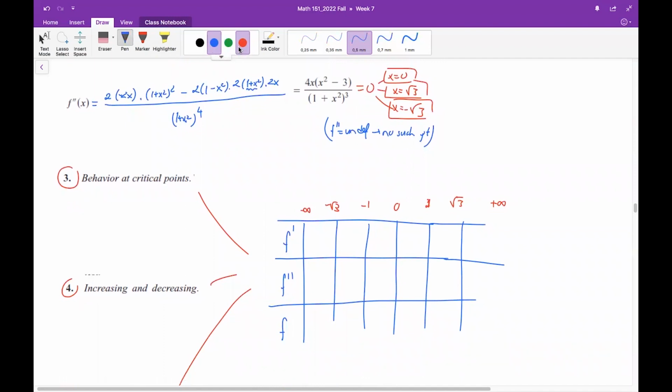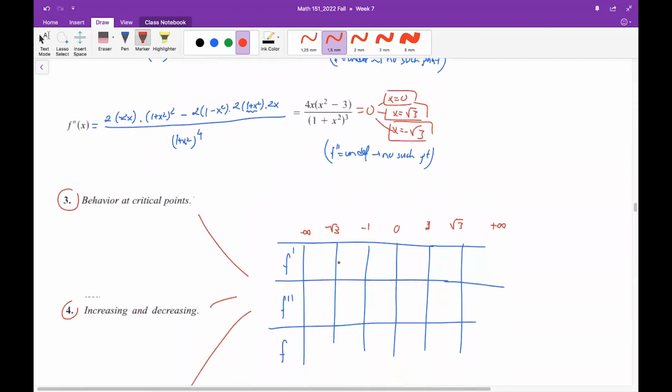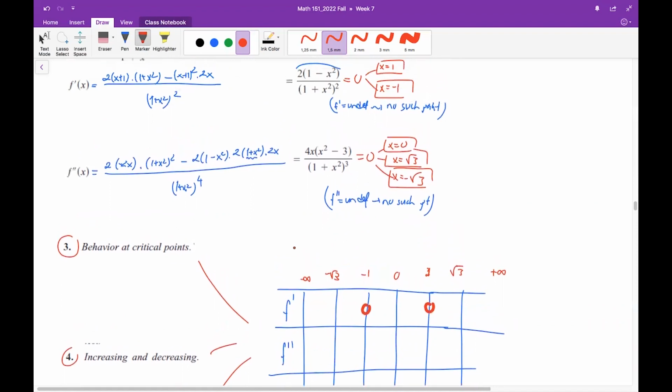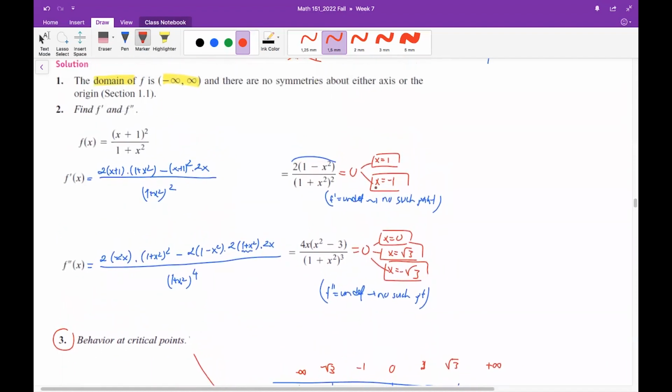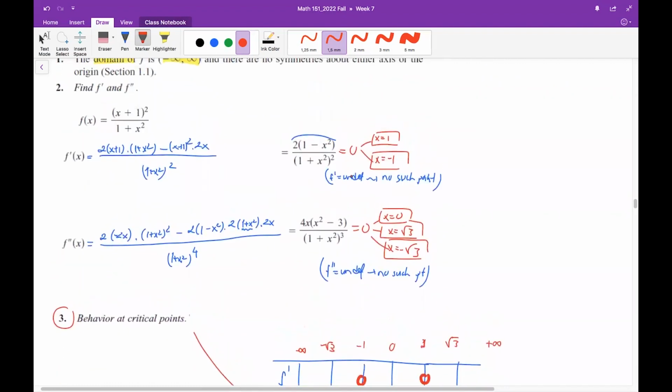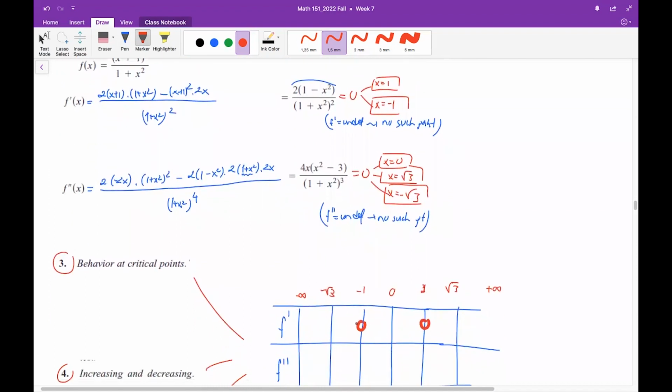Okay, so what happens to the first derivative function at 1 and minus 1? First derivative is 0 here, 0 here. Now we will try to detect the sign of the first derivative function from minus infinity to minus 1. You know, minus 1 is one of the roots. Over this interval, look at the values of the first derivative function, okay?